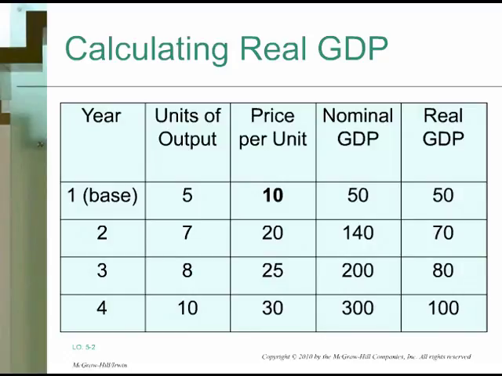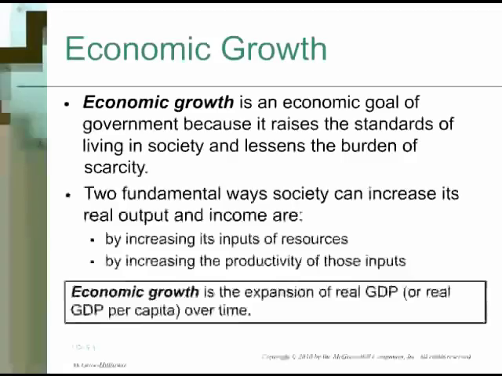Thus, nominal GDP was simply units produced times price per unit: $50, $140, $200, and $300. To compute real GDP, we always multiply output by the price per unit in a base year. Thus, real GDP will be $50, $70, $80, and $100.